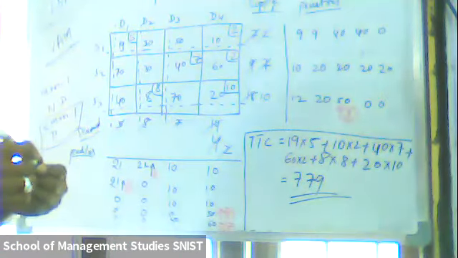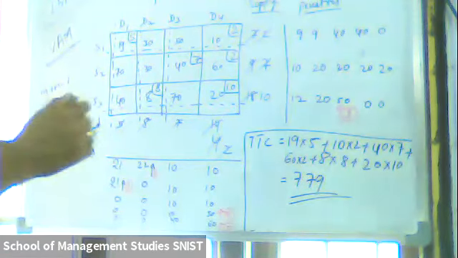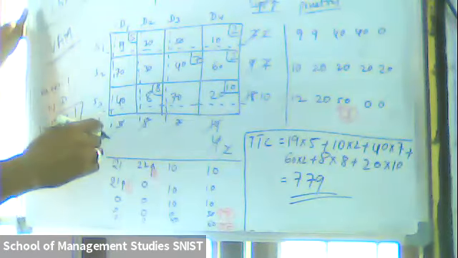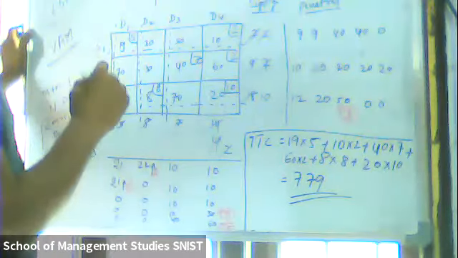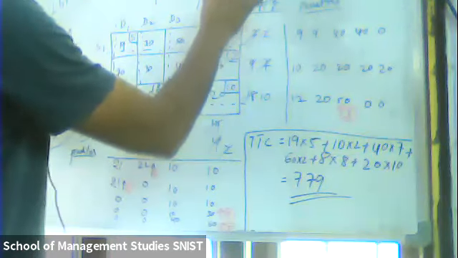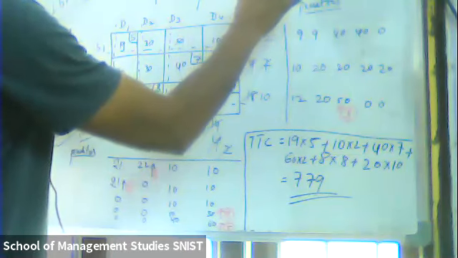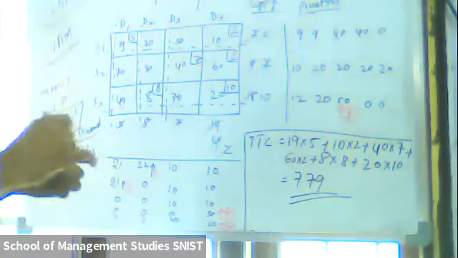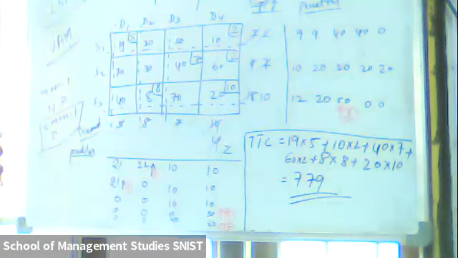Can any one of you tell me what Modi means? Modified distribution method. The modified distribution method is also called the UV method. Are you following?